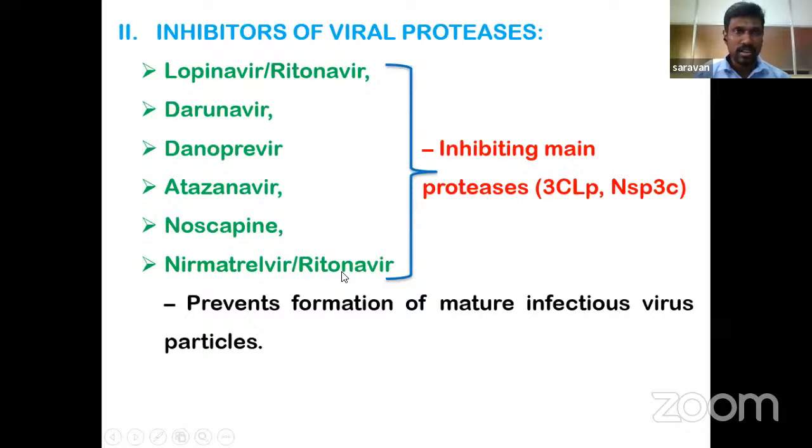All these drugs mainly inhibit the main protease enzymes. The main proteases are the 3-chymotrypsin-like protease and papain-like protease, which are involved in cleaving the non-structural polyproteins into individual functional compartments. By inhibiting the main proteases, it prevents the formation of mature infectious virus particles for replication.